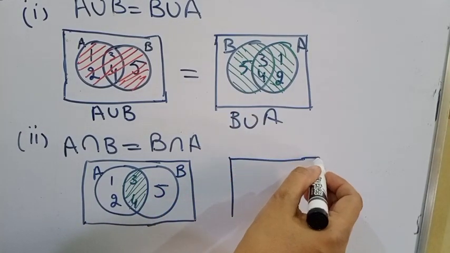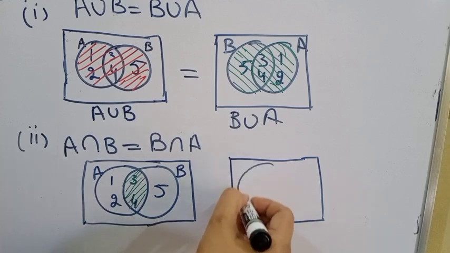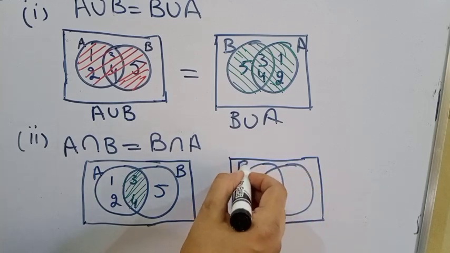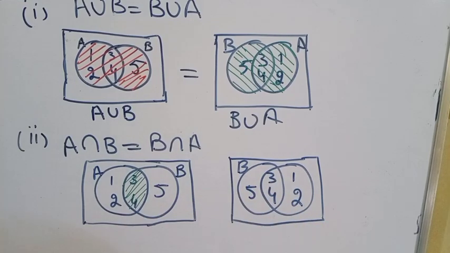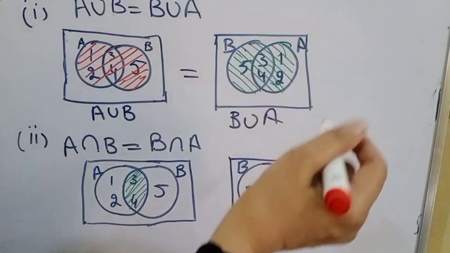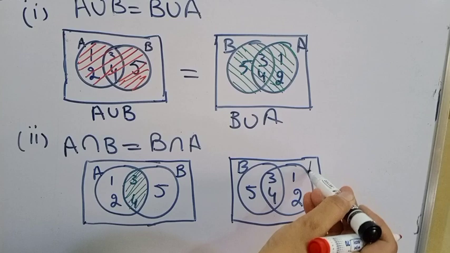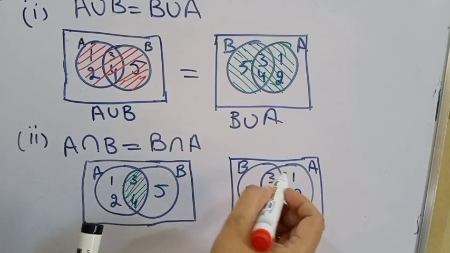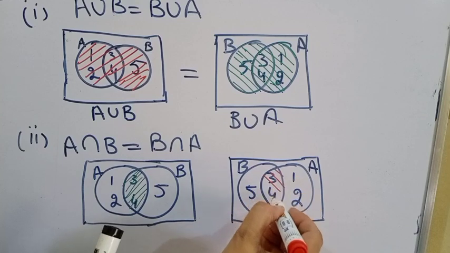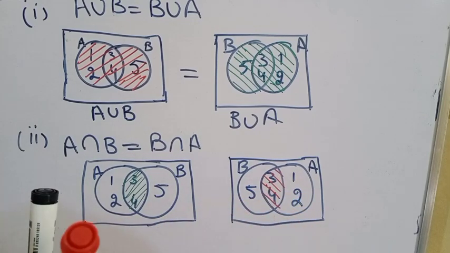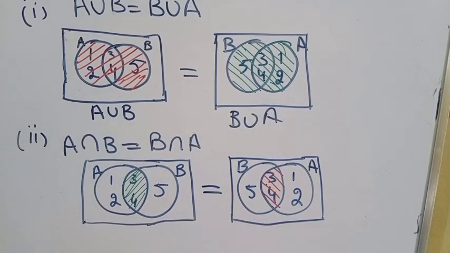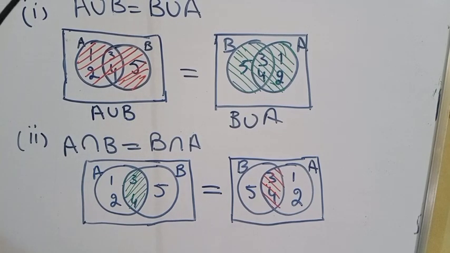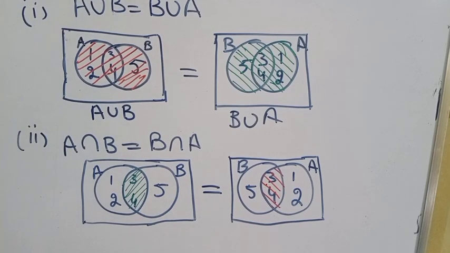Next we take set B and set A, and again we observe that B intersection A has the same common elements, and there is no difference in the elements. And with that we have completed our third question of exercise 5.3.